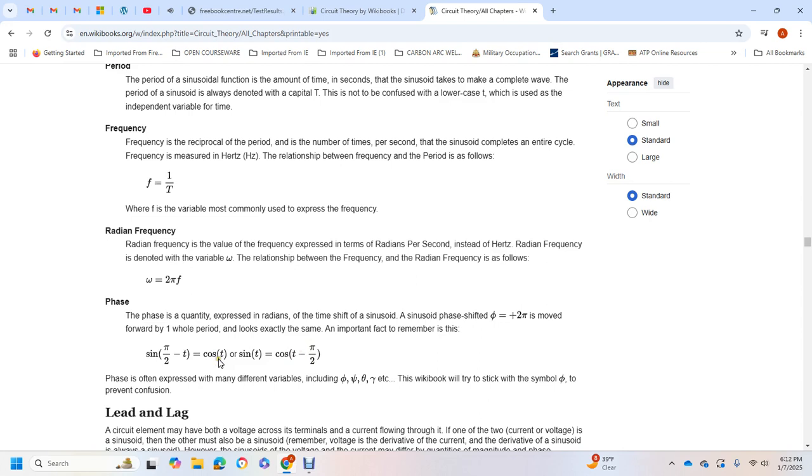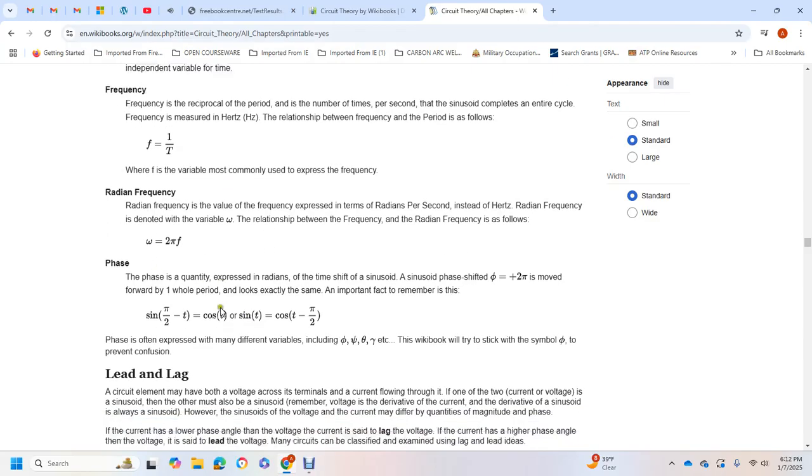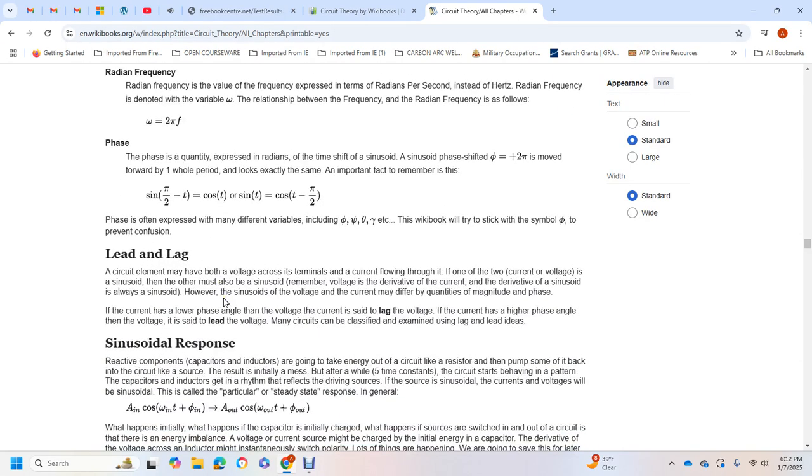So it's backwards. First, we often express the differential variables with a parameter, and we use this symbol theta to prevent confusion. Leading and lagging: a circuit element may have both a voltage across its terminals and a current flowing through it, and both are sinusoidal.